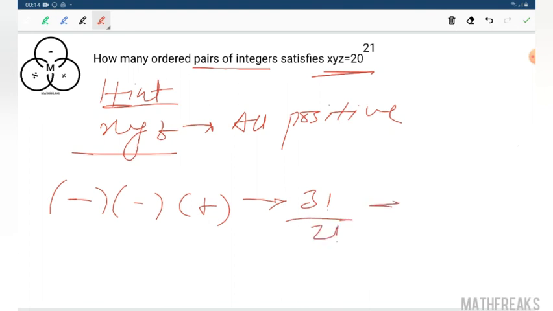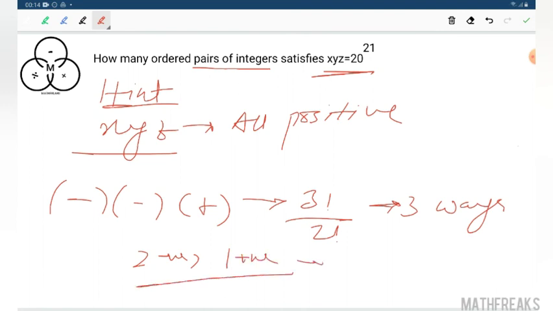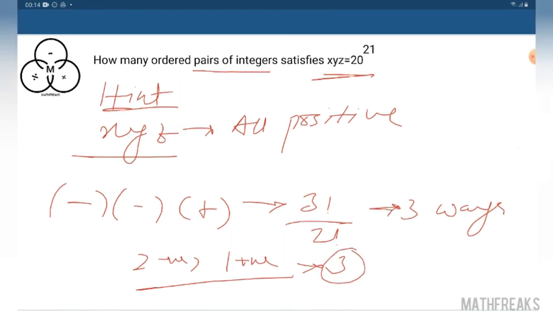We can arrange them. That is 3 ways. 2 negative, 1 positive. This can happen in 3 ways. That is the hint.